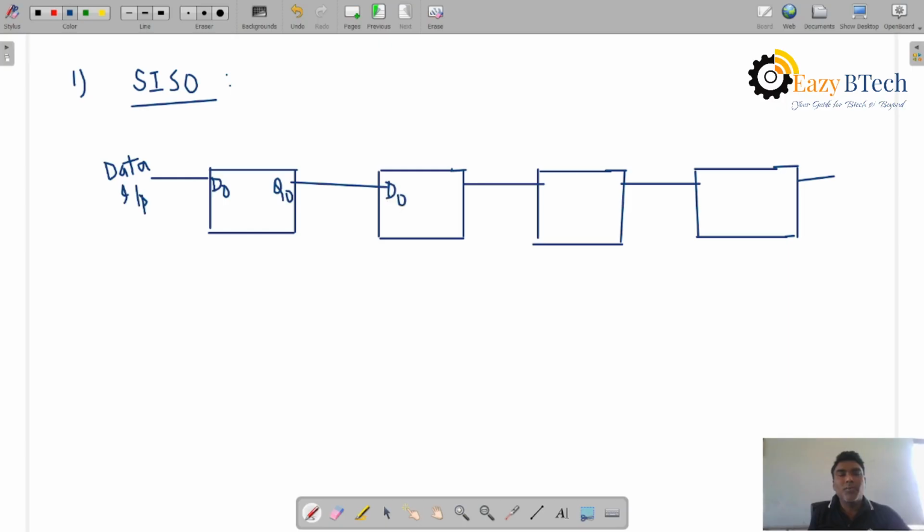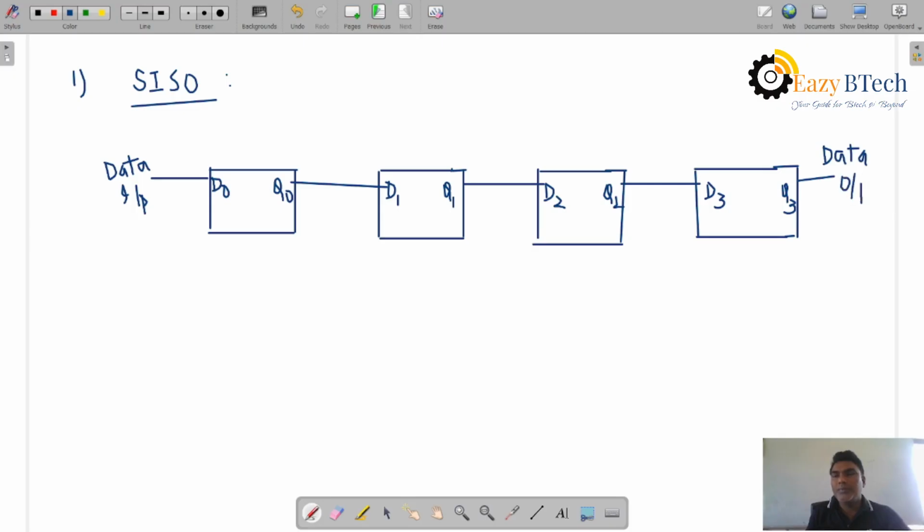This is the second flip-flop, D1, Q1, right? D2, Q2, D3, and Q3. The data is applied serially, and the data output is also serial.